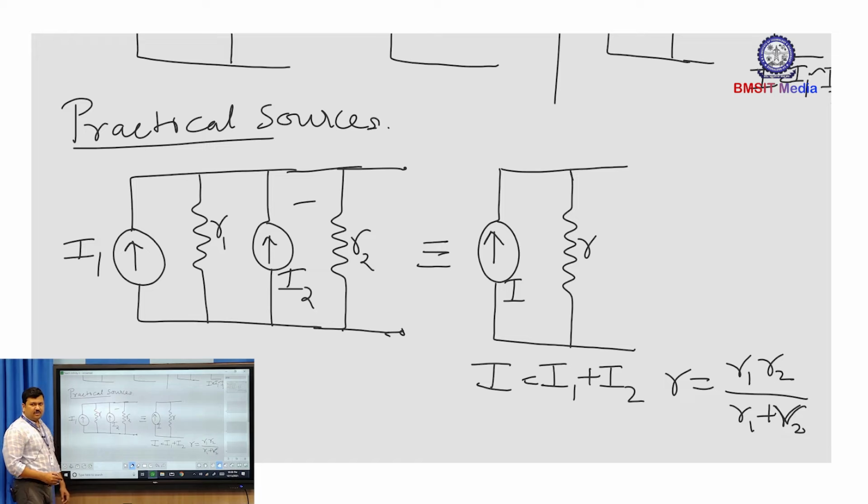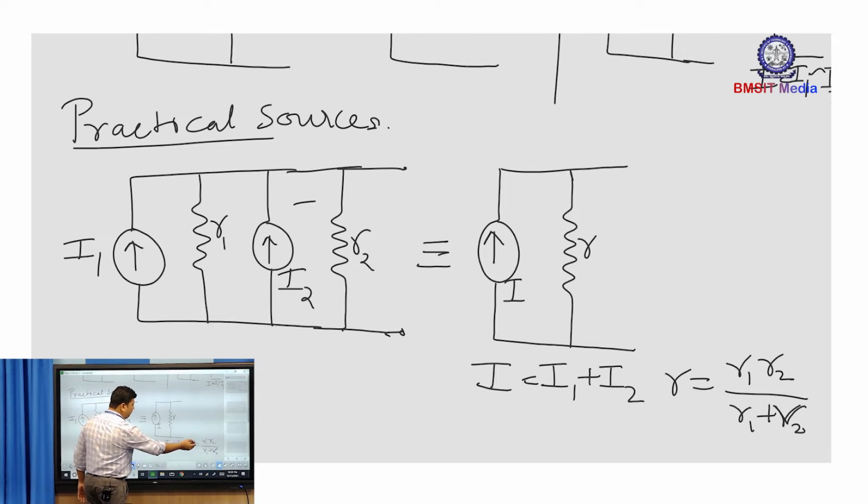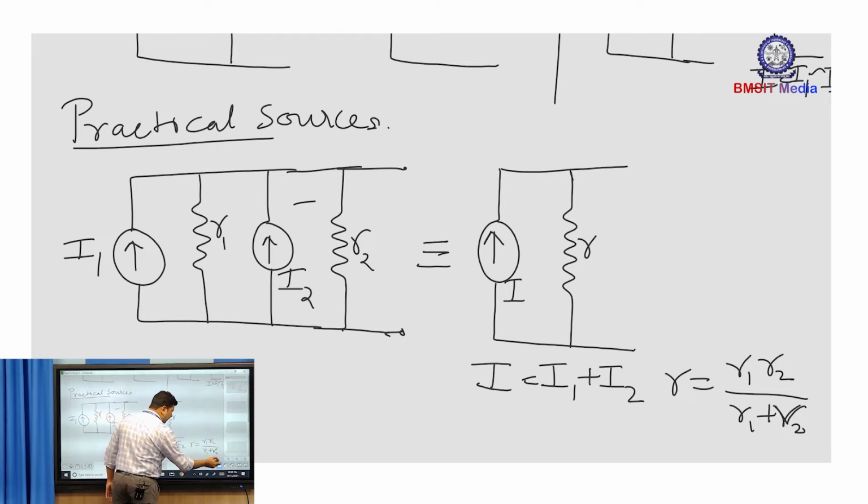So this is how I can represent multiple current sources in a single equivalence. Suppose the direction of I2 is opposite, then I take I1 minus I2 and I assign the resultant direction as that of the larger value current source. Okay. So this is how we go ahead with getting the equivalent current sources when they are connected in parallel.